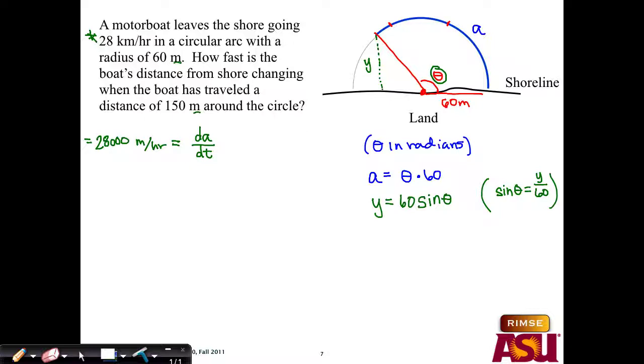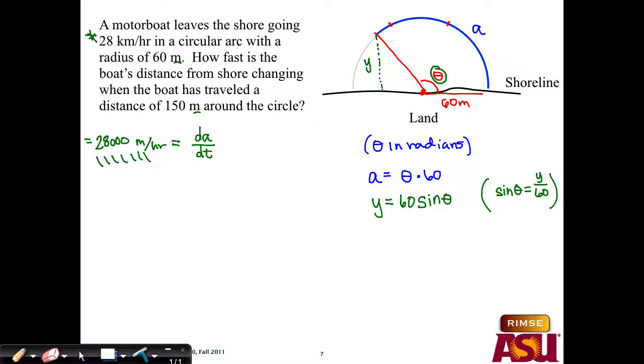So small domain of time here. But this is a specific value of a rate of change of this arc length. This arc length is increasing by 28,000 meters per hour. Now, it's not going to go for many, many hours. It's just going to be for a small amount of time. But that's the rate at which this expands from 0 to, well, half a circle worth.